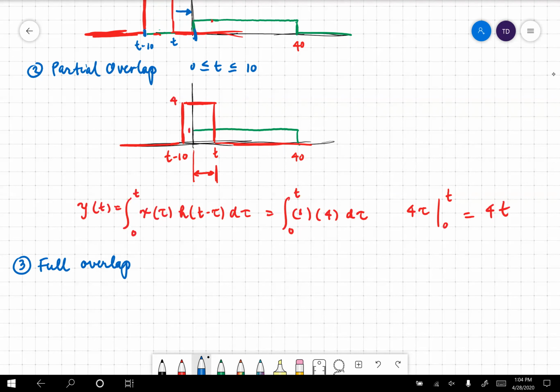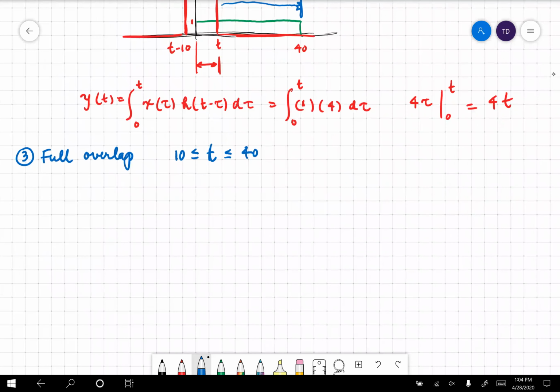It just depends upon the function. Now that's going to happen for 10 less than or equal to t less than or equal to, once t gets all the way up to right here, then we're going to have the full overlap. So that's going to be 40.